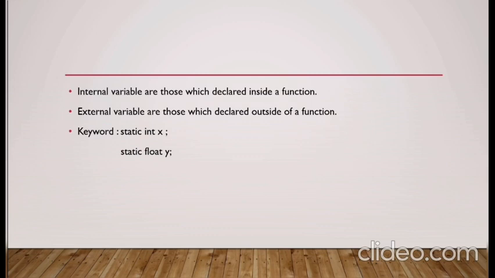Therefore, internal static variables can be used to retain values between function calls. External static variable is declared outside of all functions and is available to all the functions in that program. The keywords static int x and static float y are used.